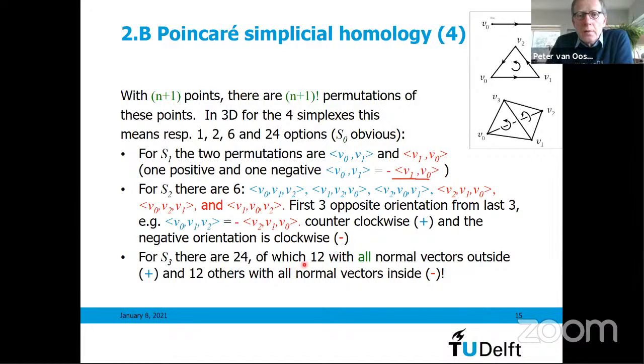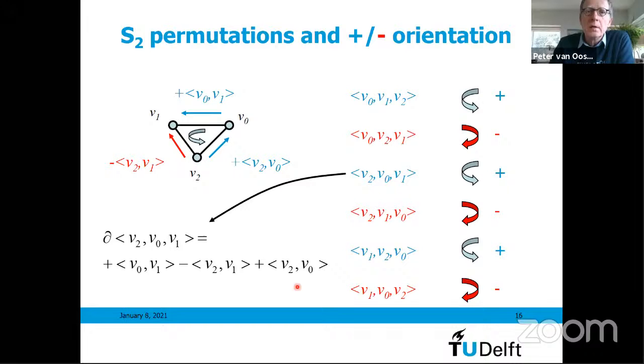But again, half of them is one orientation, pointing normal vectors of the boundary elements outwards, and the other half have the normal vectors all pointing inwards. And there are no combinations where half of the boundaries are pointing inwards and others are pointing outwards. And so either they all point inwards or all point outwards. And this is a kind of a miracle, as you will see later.